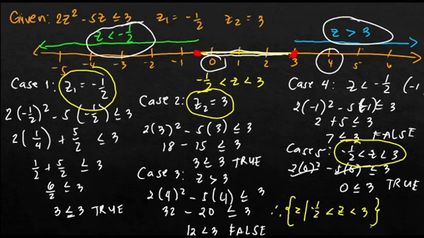Tapos bracket. So, nag-satisfy naman yung case 5 pero nag-satisfy din yung case 1 and case 2. That is negative 1 half and positive 3. So, lagyan lang natin dito ng equal, para malahat na natin yung case 1, case 2, and case 5. So, that is z less than or equal to 3, but greater than or equal to negative 1 half. So, this is now your solution set for the given 2z squared minus 5z less than or equal to positive 3.